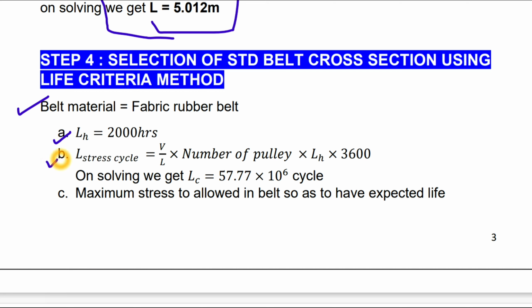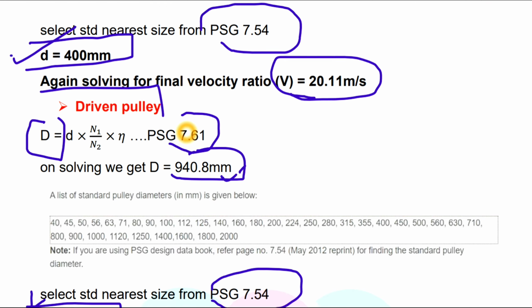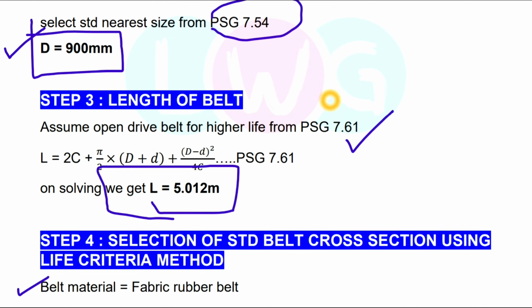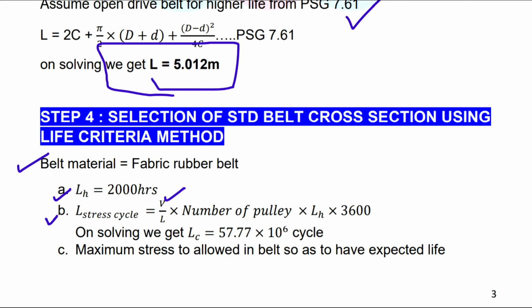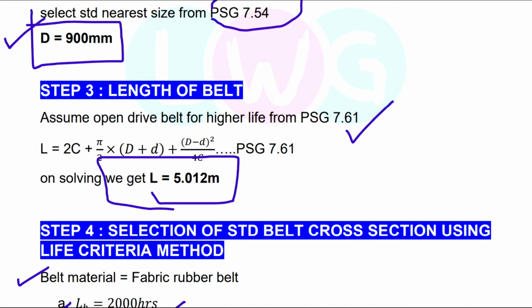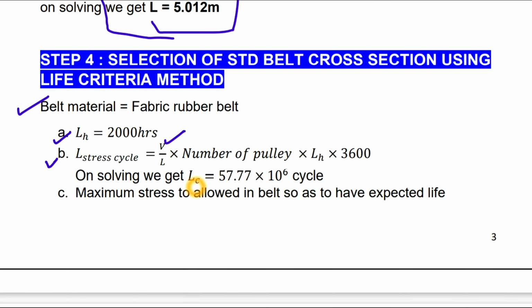Next, in part B we will find the life stress cycle. The life stress cycle formula is V upon L into number of pulleys into LH into 3600. Here V is the velocity ratio, which is 20.11. L we found in the previous step, which is 5.012 meter.